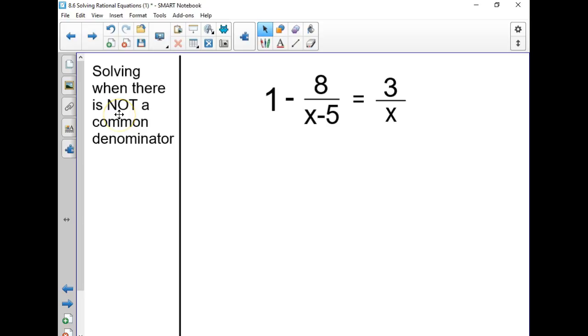Okay, here's one now. There's not a common denominator in two of the fractions. Can you say something you did in the last one? We can, but I want to show you a different strategy now.